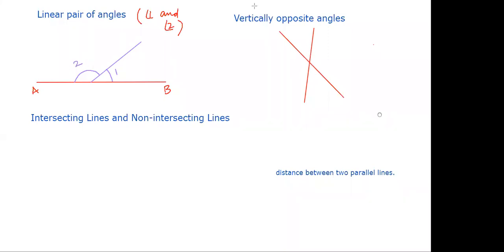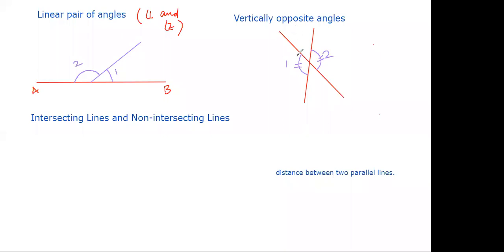What are these angles? Now this is angle 1 and opposite to this angle is angle 2. This is one pair of angles. These are known as vertically opposite angles and they are equal. Angle 1 is equal to angle 2.